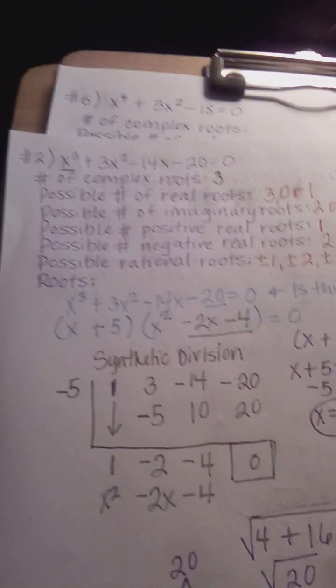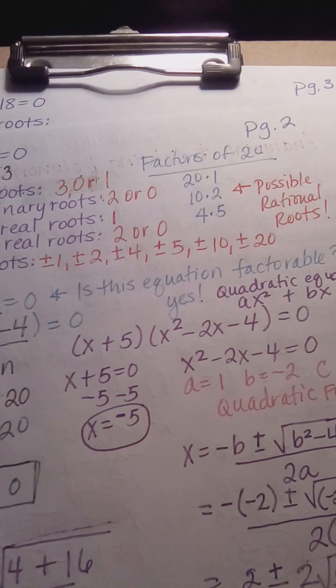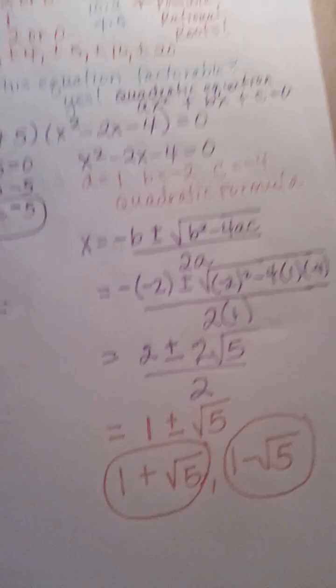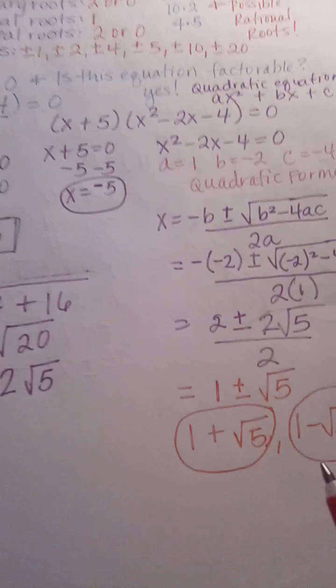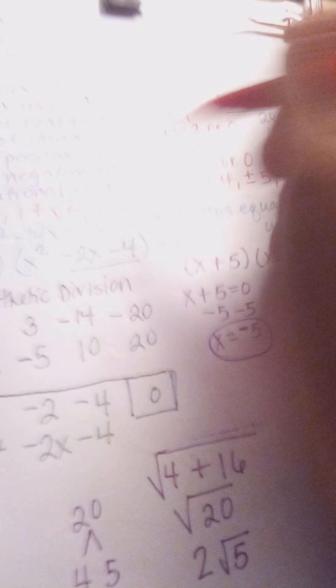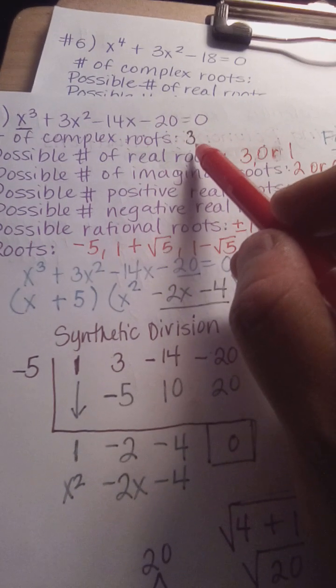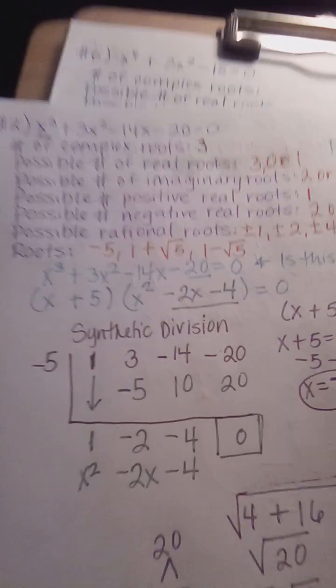Those are our possible rational roots. And our roots are negative 5, 1 plus square root of 5, 1 minus square root of 5. How many roots are there? 1, 2, and 3. Complex roots that we're looking for is 3. It's a match.